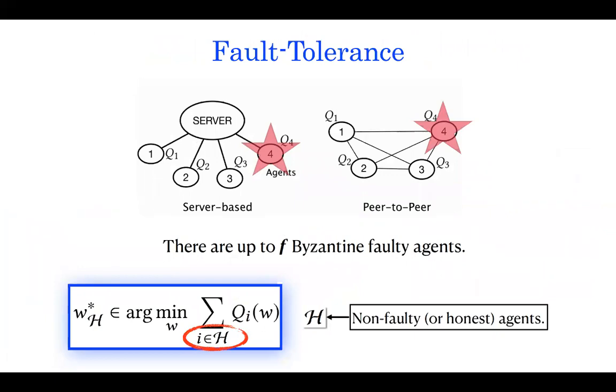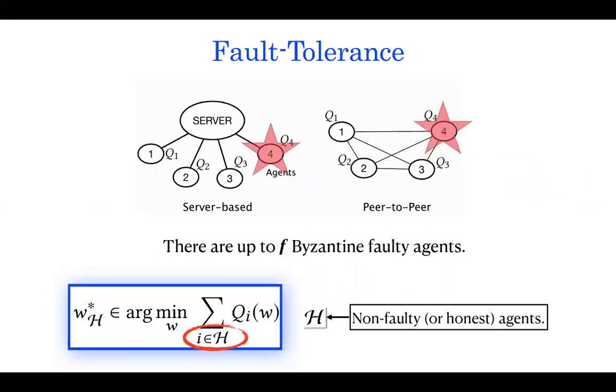Now, most work on distributed multi-agent optimization has focused on fault-free settings, where all the agents are free from faults, that is, they honestly follow the prescribed algorithms. We consider a setting where some of the agents, specifically at most f out of n agents, are Byzantine faulty.